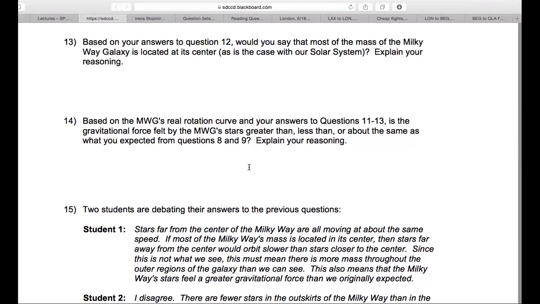And so they have the same speeds, even though they are at different distances from the center of the galaxy, because as we move away from the center, there are fewer and fewer stars, but there is more and more some other type of mass, which we call dark matter, because it does not emit light, right? We don't see it, but we know that it's there because of its gravitational influence on these stars.